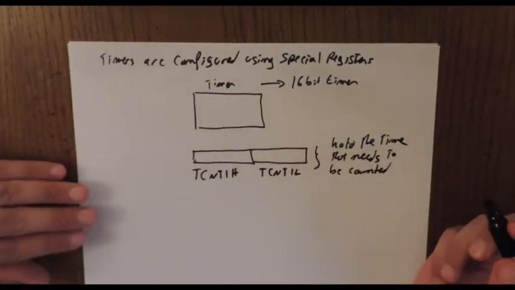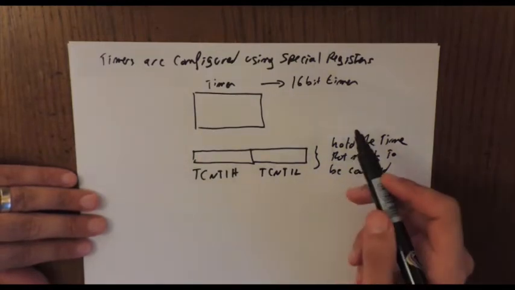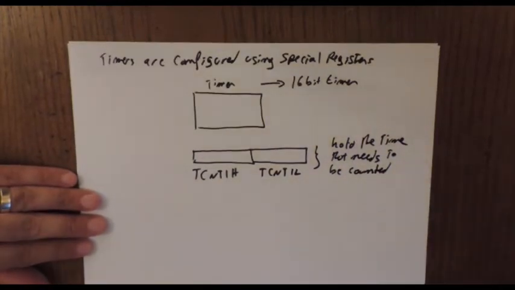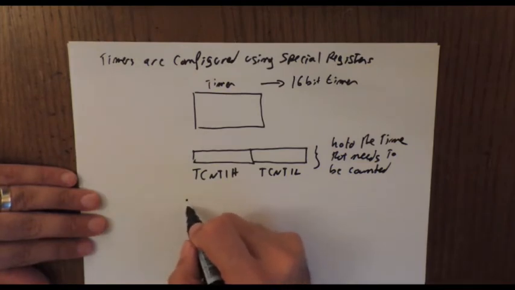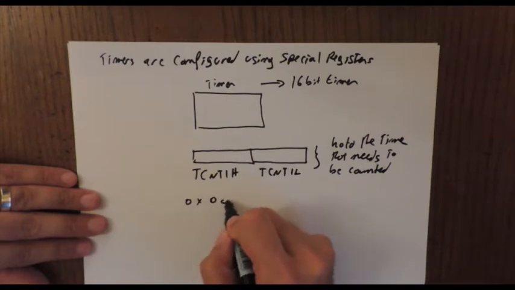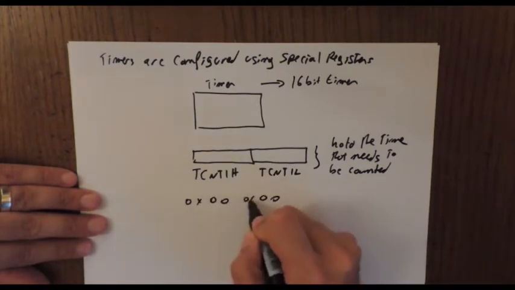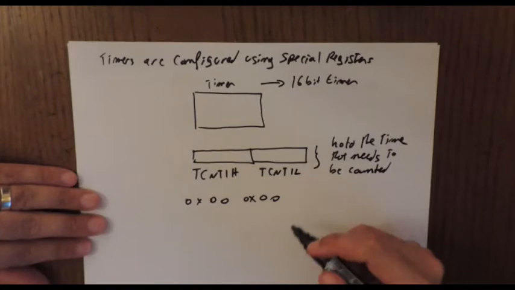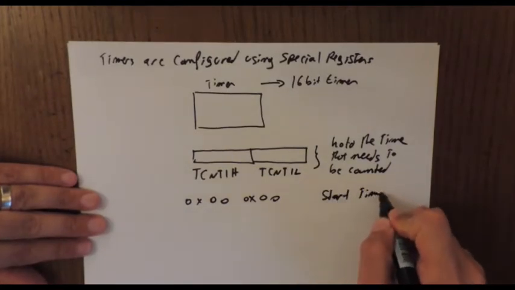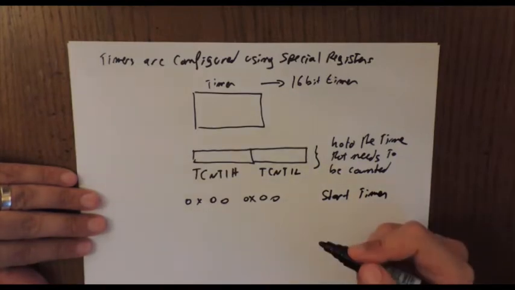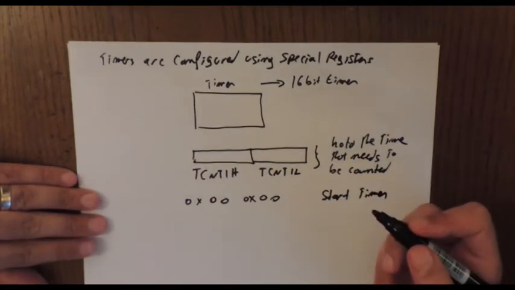And the way it works, let's say I can work with 16 bits or 8 bits. Let's say I'm going to work with 16 bits. Effectively I load it with a certain value, let's say 0x0000. When I start the timer, I start adding value at each clock cycle.